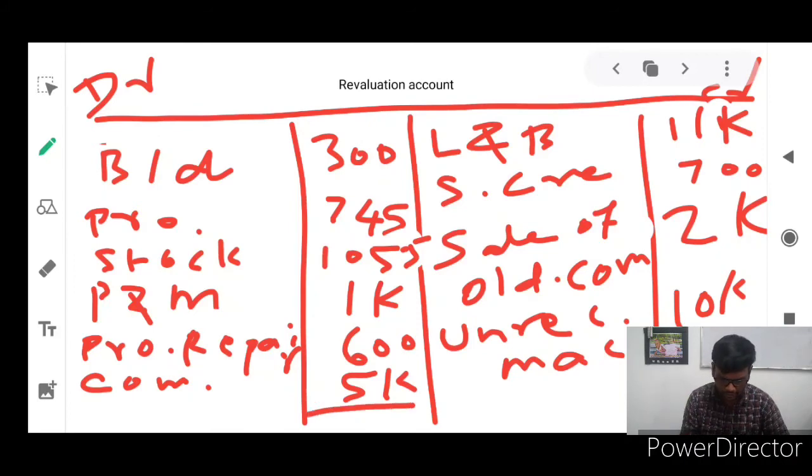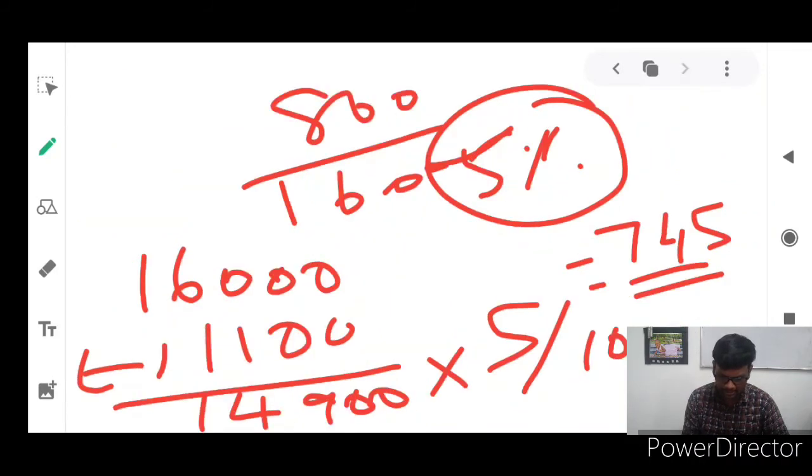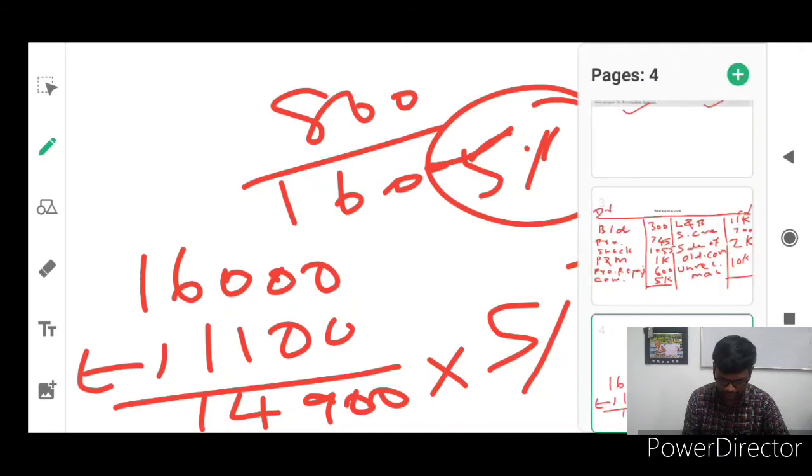So 10,000 rupees unrecorded machinery we are going to write on the credit side of the revaluation account. Now we are going to tally both sides because we have done all the adjustments. So we can add all the items available on the credit side of the revaluation account: 10,000, 2,000, 700 and 11,000. So 11,000 plus 10,000 is 21,000, then 23,700 rupees. 23,700 rupees will be on the credit side of the revaluation account.